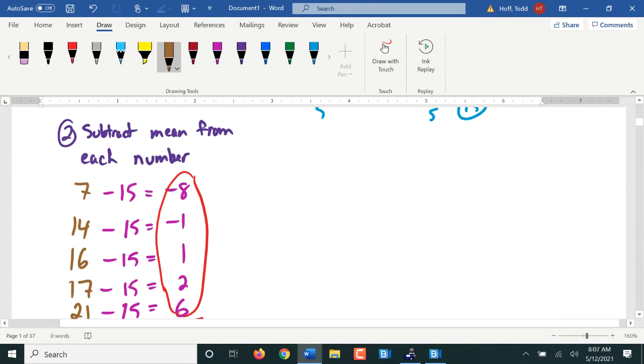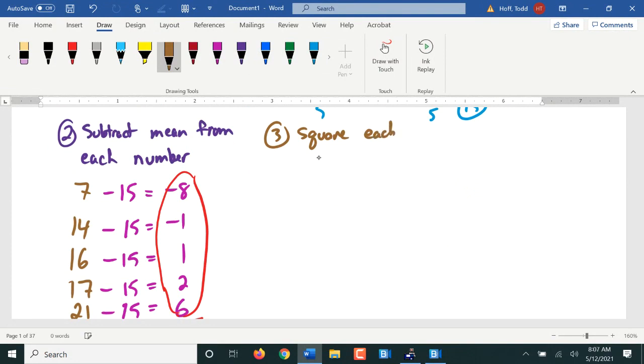Step 3, square each deviation. So we have negative 8 squared. Now remember, any number squared will be positive.